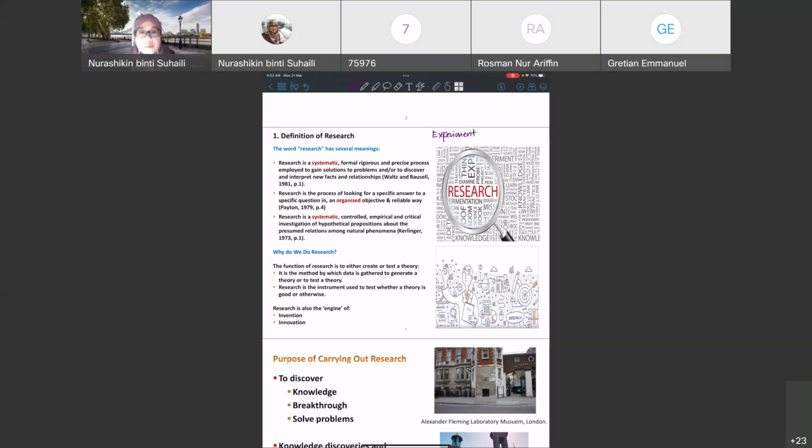Lagi? What else? Experiment is the conclusion of any effect on an object. Conclusion is included in the experiment.